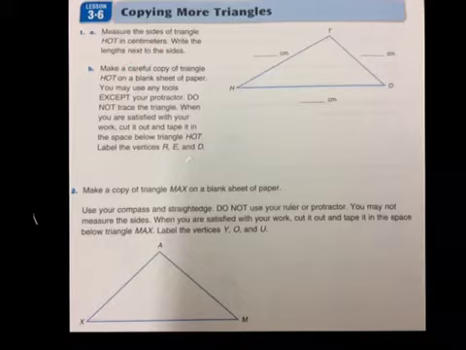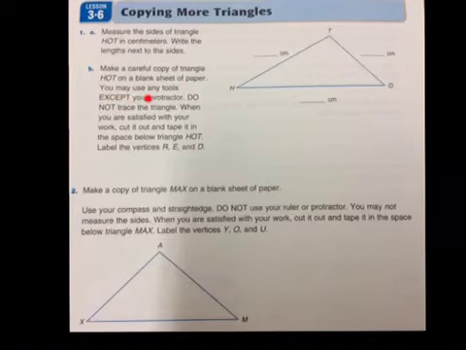In that case, you're going to take your ruler out and you're going to measure one side and put in the answer. Then you're going to do the same thing with the other two sides and mark them next to those sides. Then when we follow it down to part B, it says, make a careful copy of a triangle HOT on a blank sheet of paper.